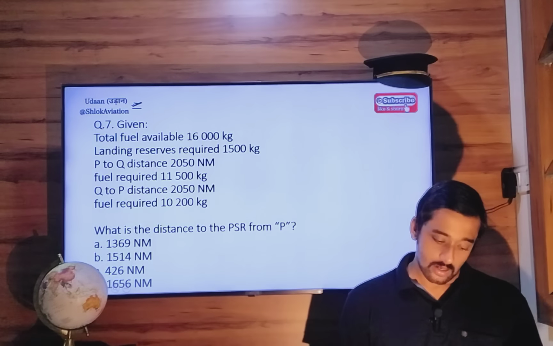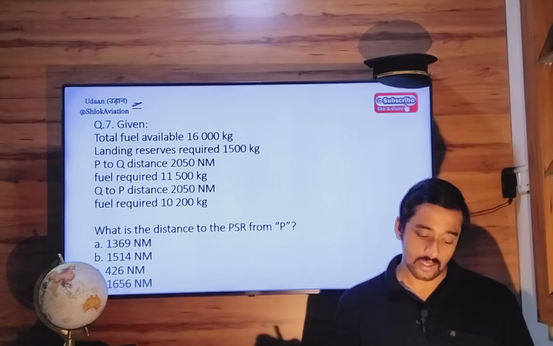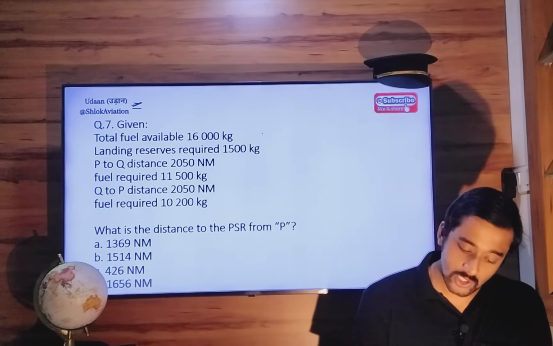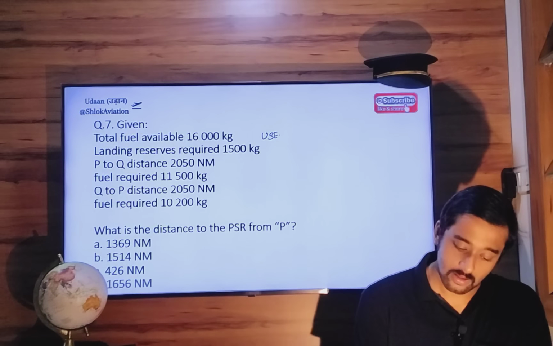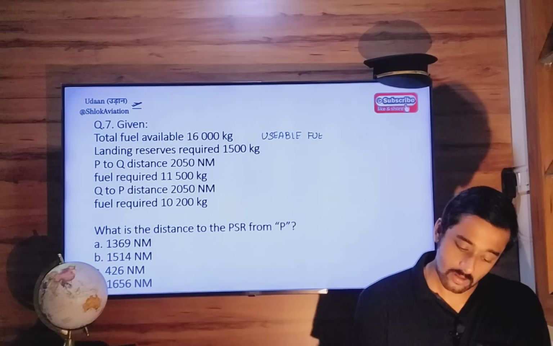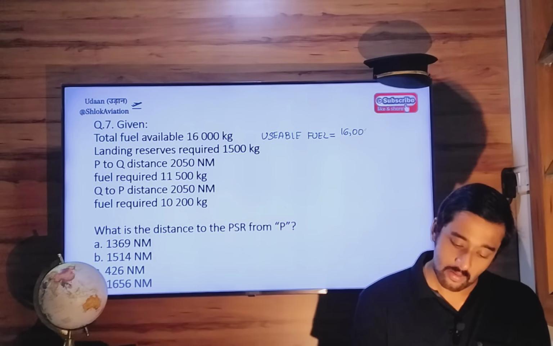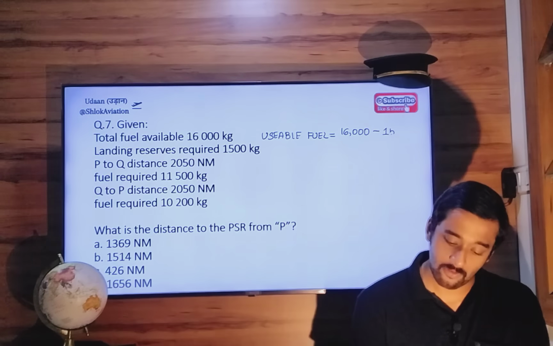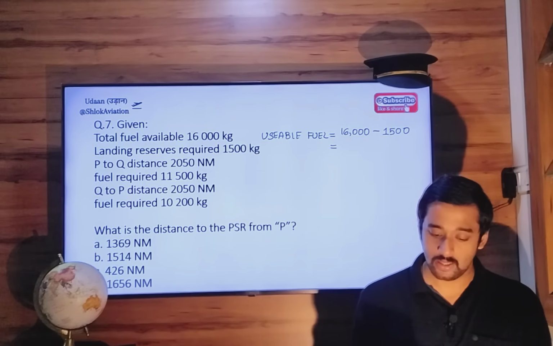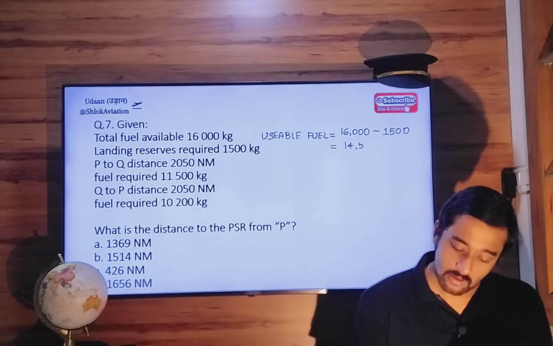Next. Again, total fuel available is 16,000. Reserves 1,500. So that means useful or usable fuel is total fuel 16,000 minus reserves 1,500, that is 14,500.